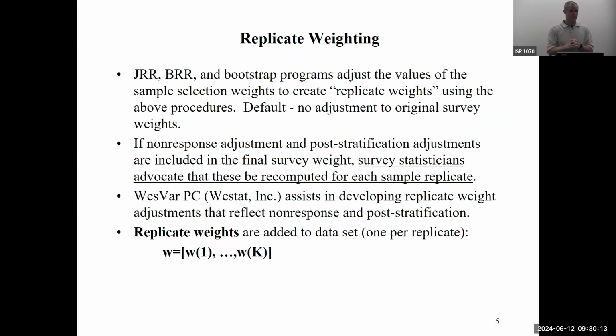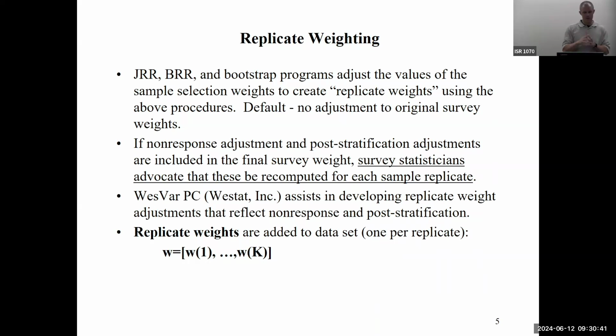Now, as a data user, right, you're not going to see the non-respondents. So you wouldn't be able to reapply the non-response adjustment. All you see are the respondents. So your only option as a data user would be to use some kind of calibration for each of those replicate weights. But again, the data producer ideally is not going to put that in your hands. They're going to do that adjustment for you before they release the replicate weights for public use.